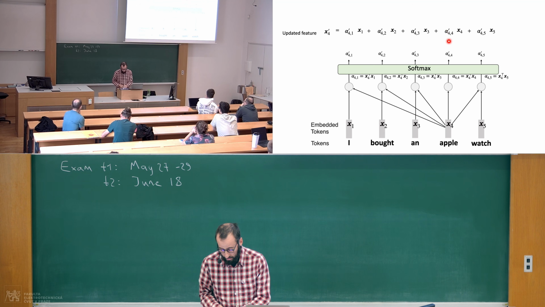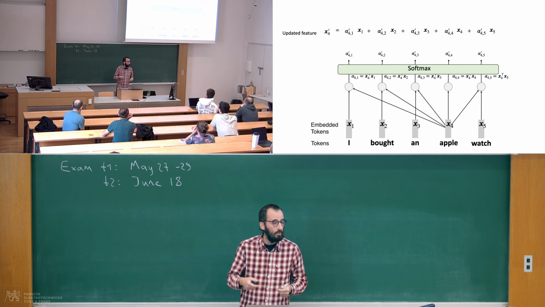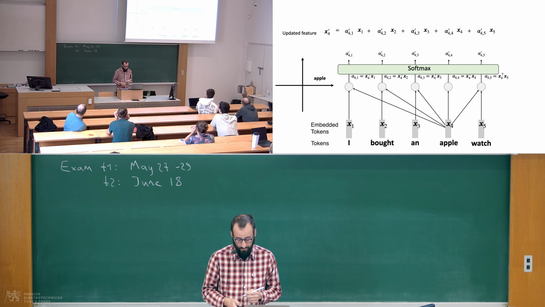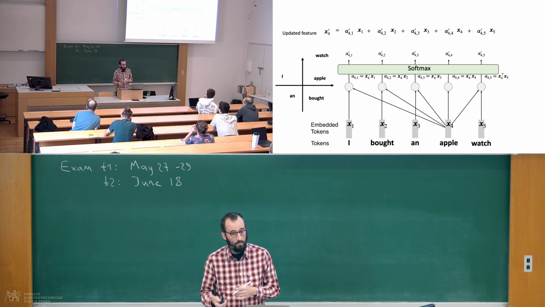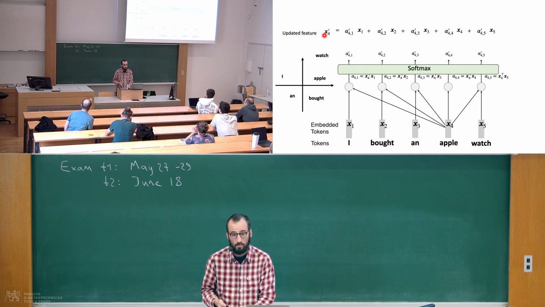Maybe you can imagine also that of course, you will not let the word bot affect much more than apple affects itself, so there is a self-similarity here, which is expected to be higher than the other numbers. Okay, and based on that, you get the original representations. You do this update now.